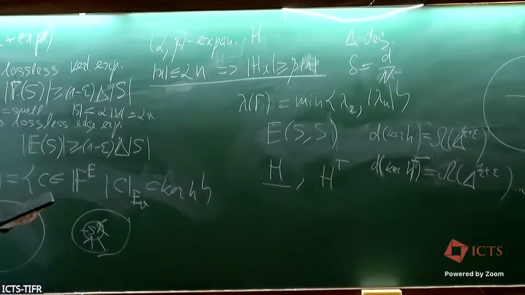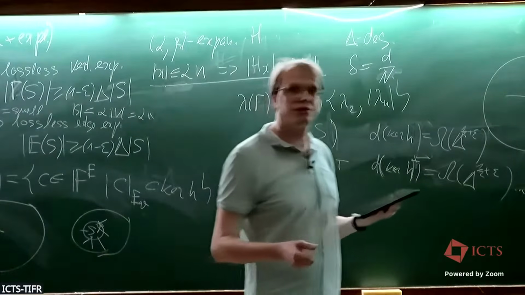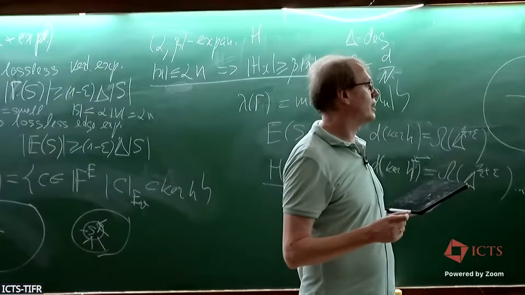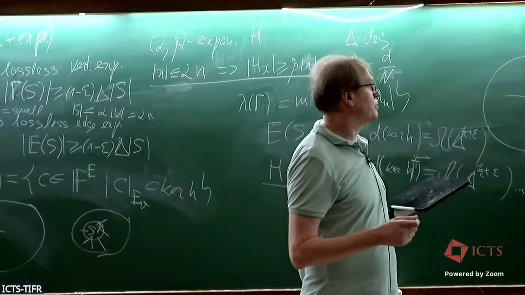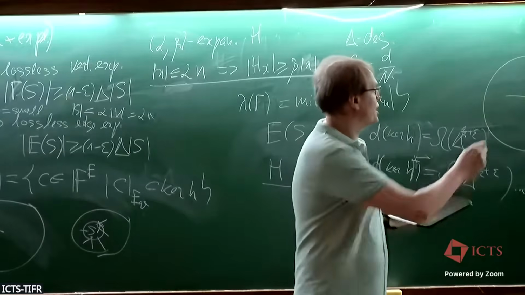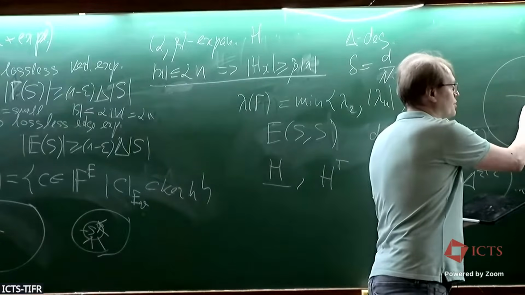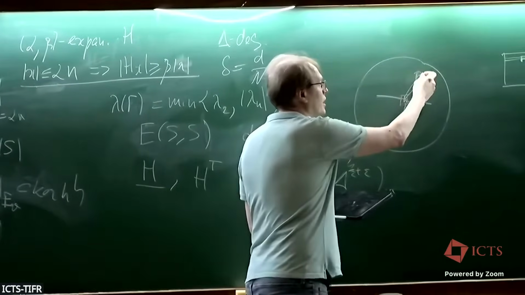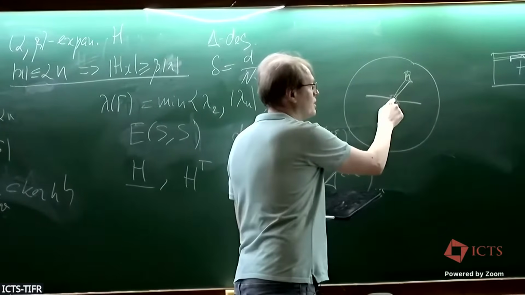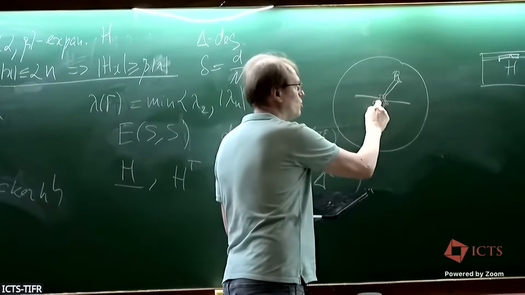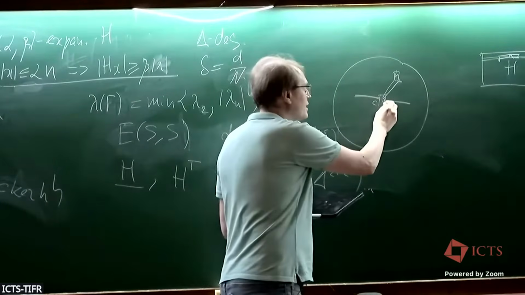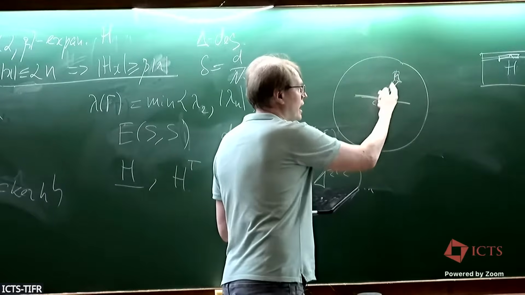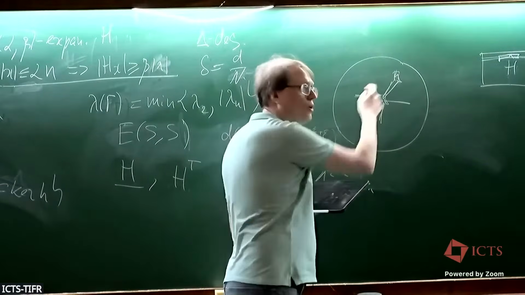But if you're interested in the interpretation of this code, it has a very interesting interpretation. We put code words from the dual code in each vertex. This code word gives you what you should put on the edges, and you do it for all vertices.